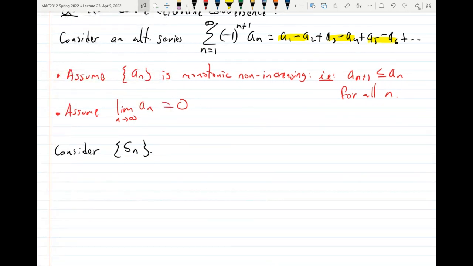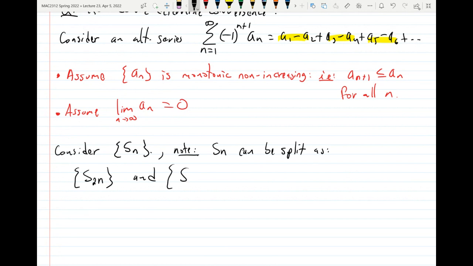So consider S_n, and note that S_n can be split as S_2n and S_2n+1.